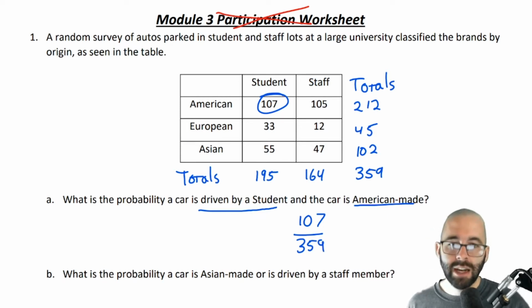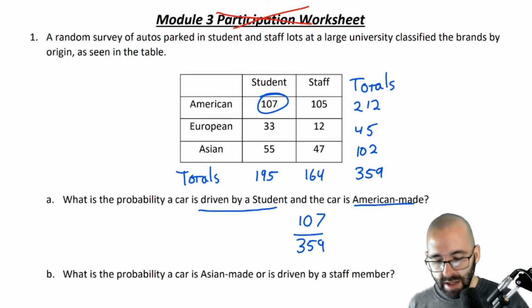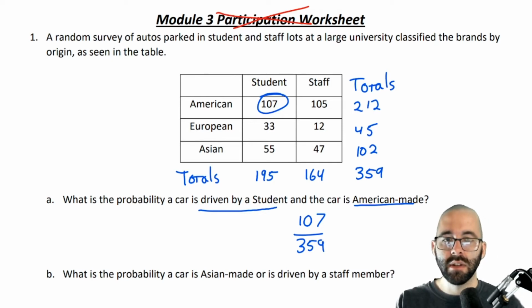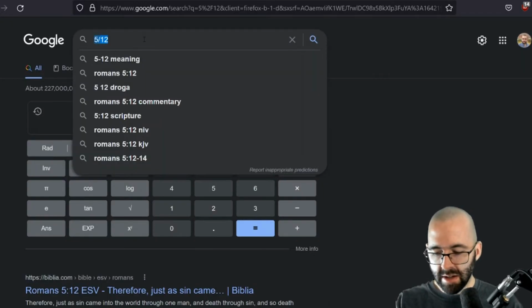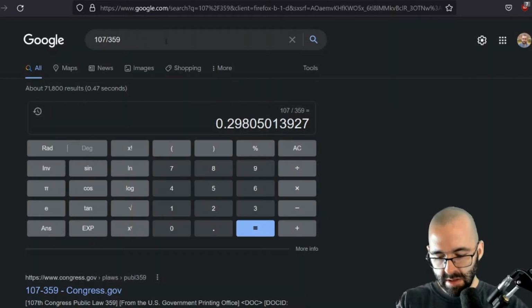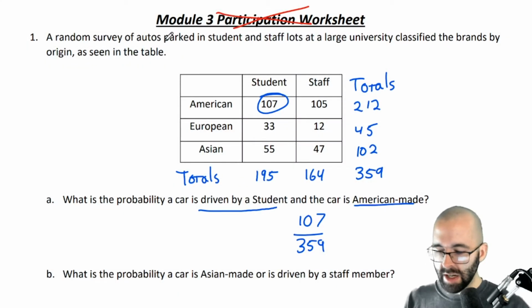Probability, just count how many are in both. 107 divided by 359 is about 29.81%.